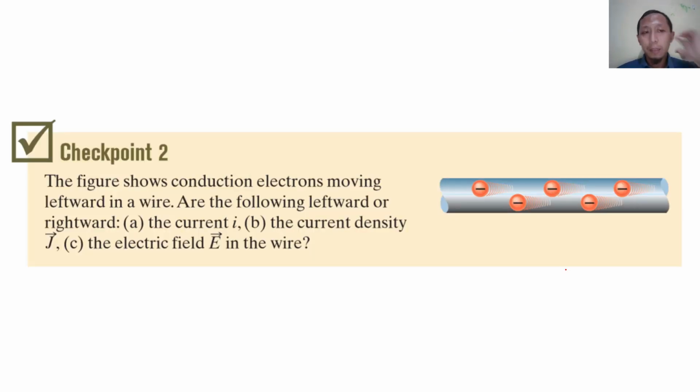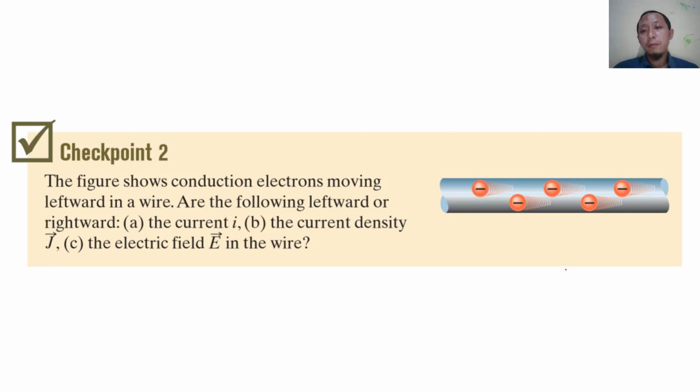So checkpoint two: the figure shows conduction electrons moving leftward in a wire. Are the following leftward or rightward: A, the current; B, the current density; and then the electric field E in the wire. So the first one, what is the direction of the current I?